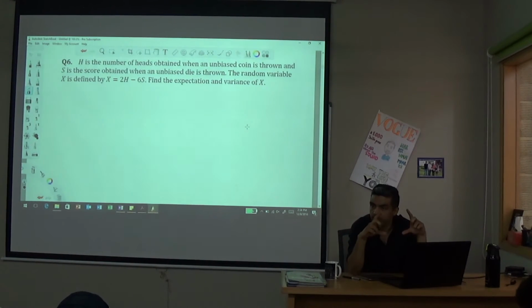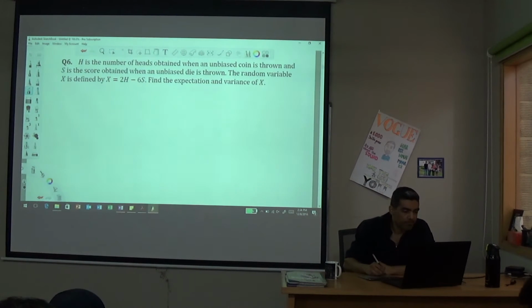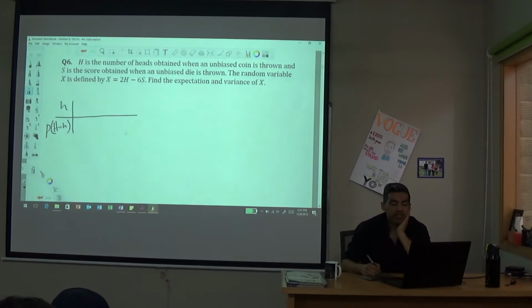We make a probability distribution table first, and then we calculate the expected value of h. So the probability of h, the number of heads when you throw a coin.